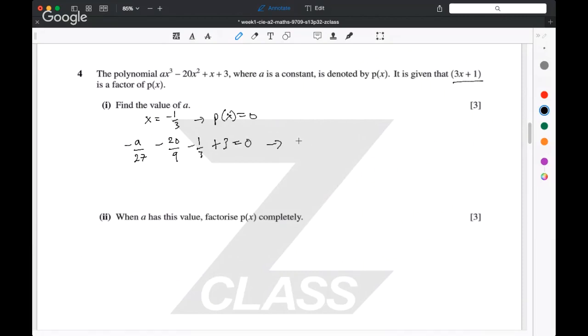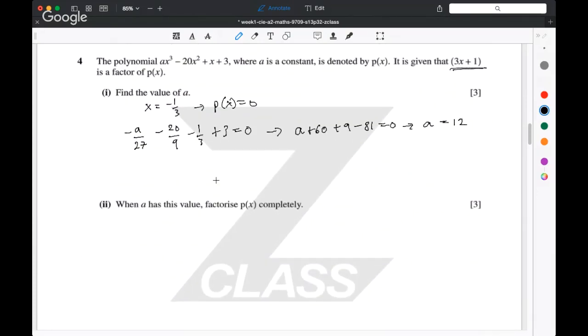And therefore, you get that a plus 60 plus 9 minus 81 is 0, and then a is equal to 12. So that's pretty simple. Saying it's a factor means that both of them are solved by that value of x, as in they make the thing 0.